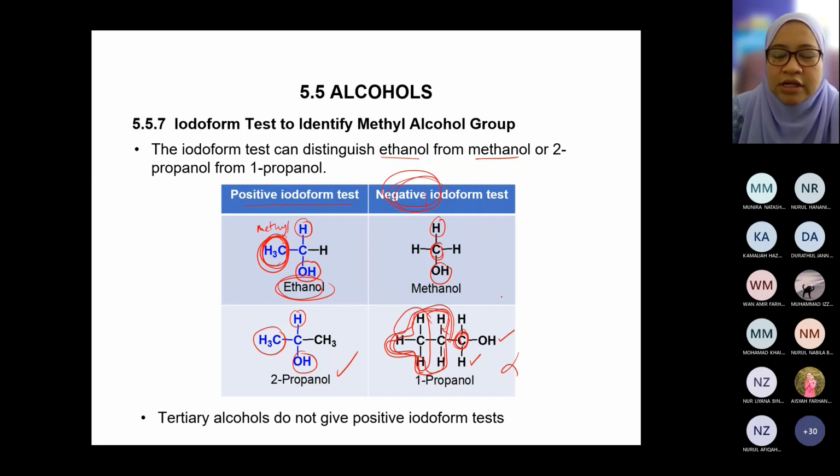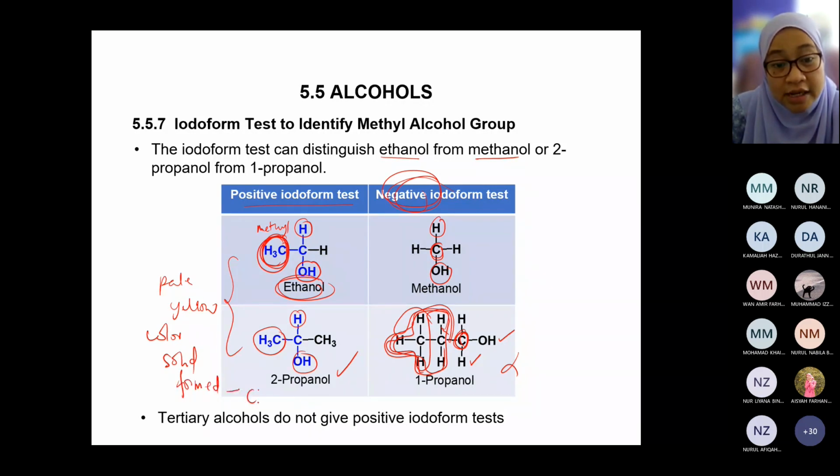Maksudnya no pale yellow solid color form for methanol and 1 propanol. So ni positive result, maksudnya ada pale yellow color solid form. This is due to CHI3. This one.